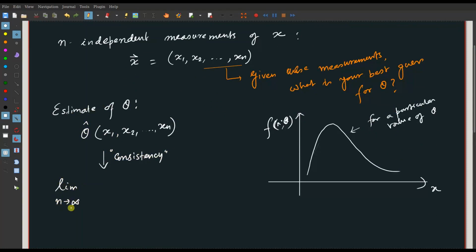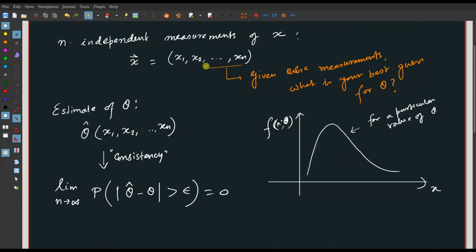In the limit n tends to infinity, the probability of observing theta hat outside the epsilon neighborhood of theta, for any finite epsilon, equals 0. That means in the limit that your sample size is infinite, theta hat should reduce to theta. You should be able to uniquely say what value of theta gives me such a nice distribution, only if you had the luxury of infinite sample size.